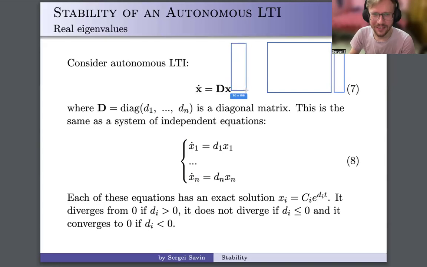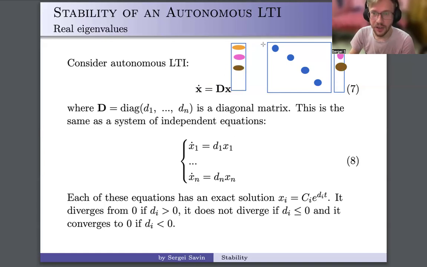Fine, right? Just in case, I would quickly show what I mean. A diagonal matrix means that we have elements like this. So x1 times this element gives us the equation here. x2 times this element gives us the equation here. x3 times this element gives us the equation here, and so on.